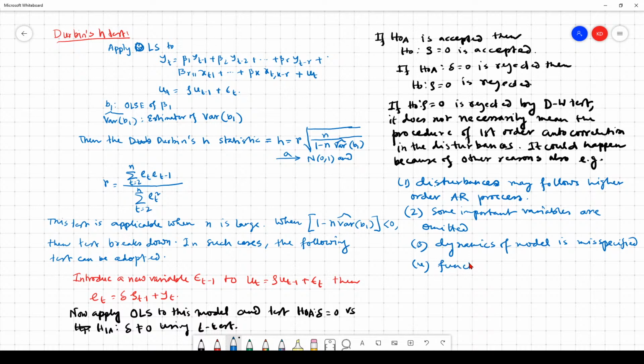Four, the functional form of the model is incorrect.